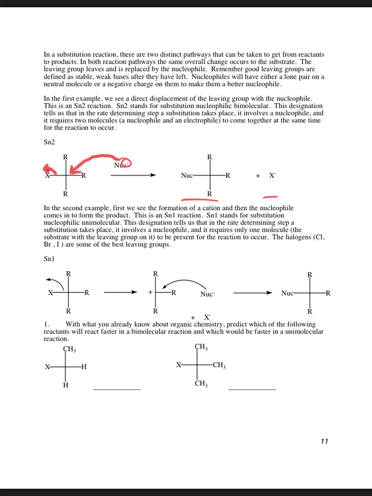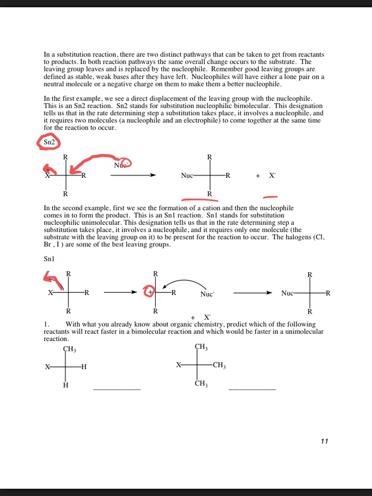Or the second way is we could see it as the leaving group leaves, we form a cation, and then the nucleophile adds to the cation to give us our product. So in this, we have to look at what's going on. In the first one, the SN2, the reaction is a direct displacement. The nucleophile comes in, we form a bond, kick out the leaving group. It happens all in one step.